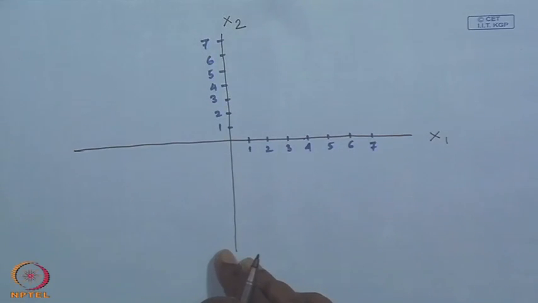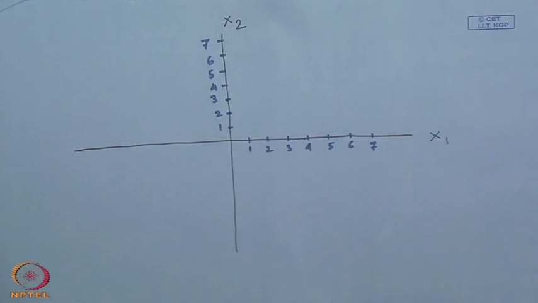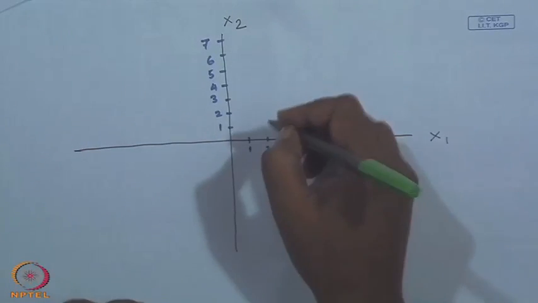This g12x, which is 3x1 minus x2, will be somewhere over here.